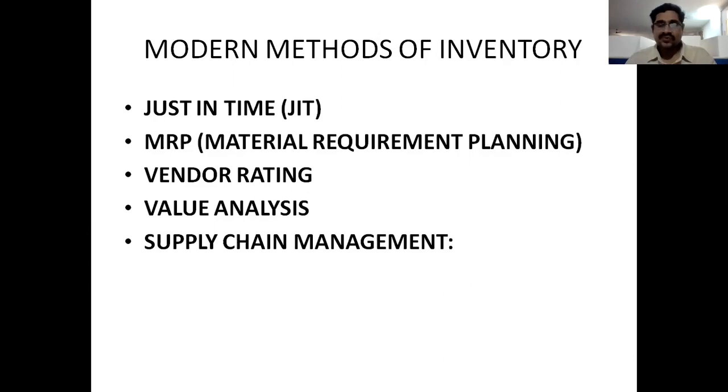So here, plan for suppliers, distributors, wholesalers, dealers, retailers, and customers. These are the 6 links in the chain. That chain is supply chain management. So these are the 5 techniques we have in the modern methods of inventory control.